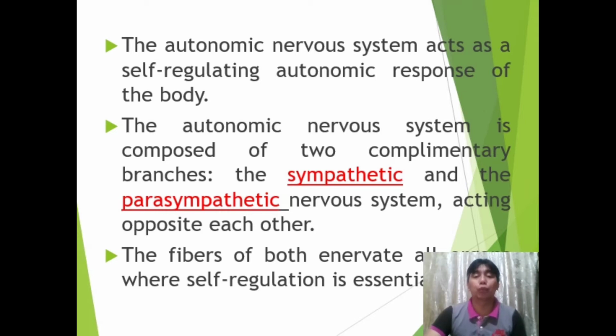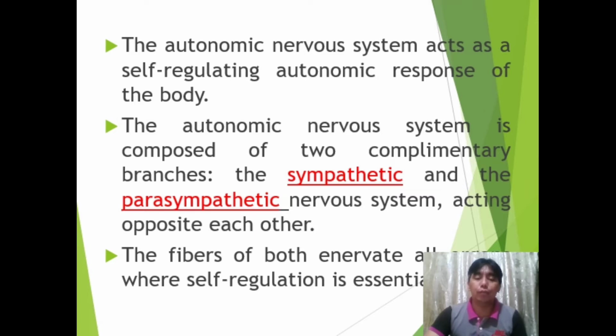It will automatically respond to any stimuli. The autonomic nervous system is composed of two complementary branches, the sympathetic and the parasympathetic nervous system, acting opposite to each other.